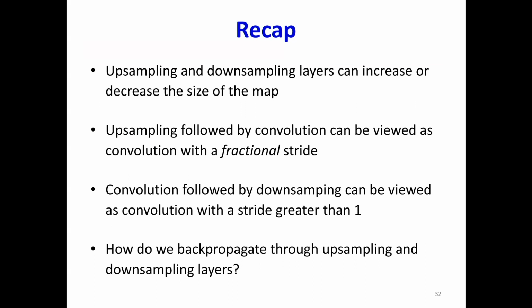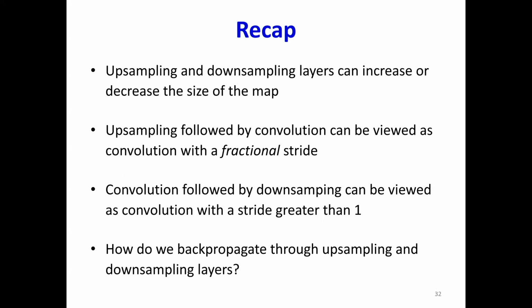But then many of you asked me this question in the last class. How do these rules change when we have a stride? I said, I'm not going to deal with strides, right? I promise you that you won't be dealing with strides either. Instead, we're going to consider the 2 other kinds of operations that we haven't seen. We haven't explicitly considered the backpropagation rules for upsampling and downsampling.